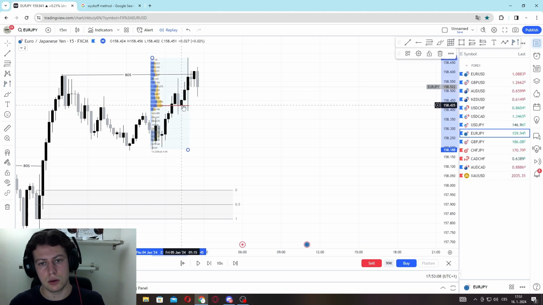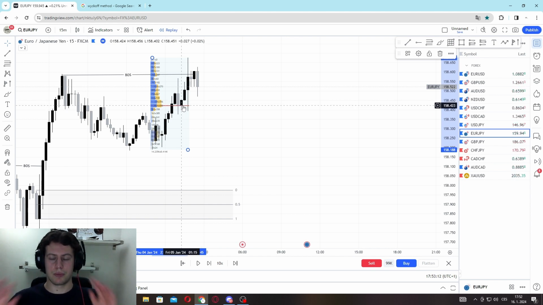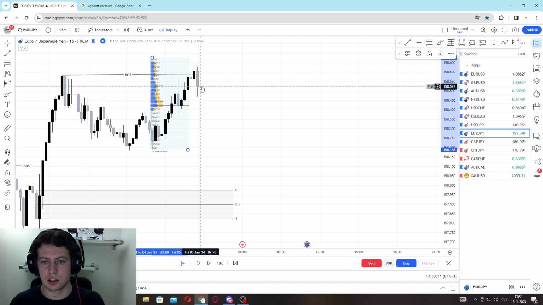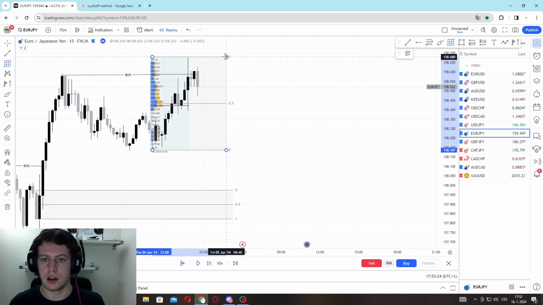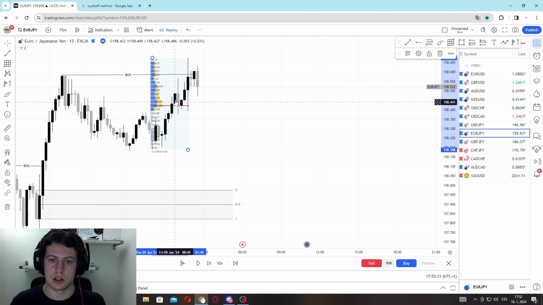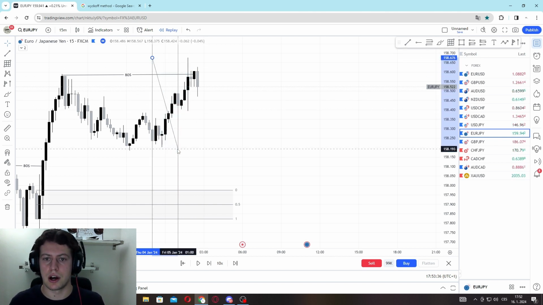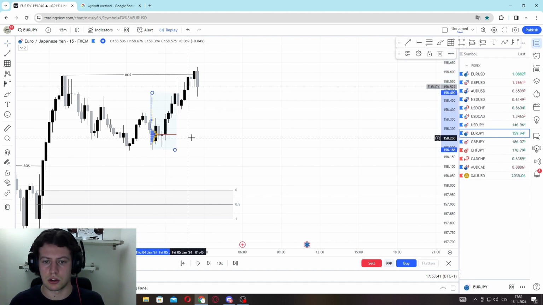You can see that there was most money traded, but we don't want to go below or above the 50% because it would be too risky. We want to buy in the discounted area. So when we move, because this is a small pullback and it went up, I put it here, and now you can see we have here the demand zone.